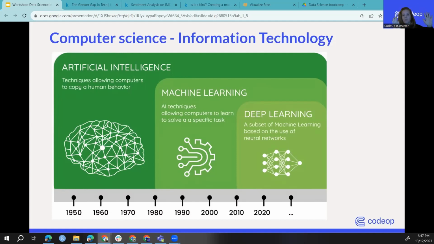So within that umbrella, as you can see on the timeline down there, that started in the 1950s, that's where we have machine learning. And that refers to techniques that allow computers to learn and solve a specific task, not to copy or mimic our human behaviors, but more to learn. So it learns from the inputs that you provide it with, and then it can give you a solution.